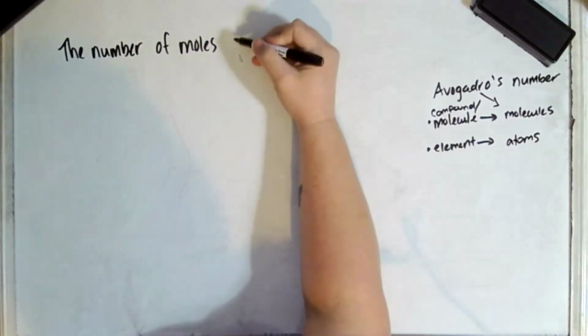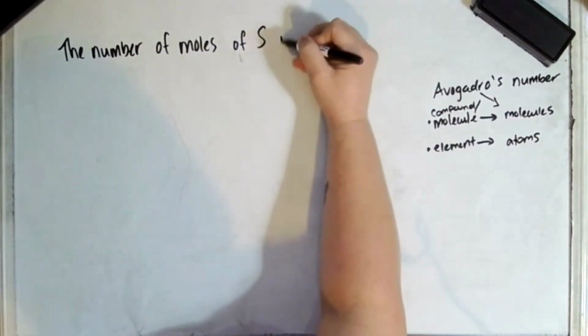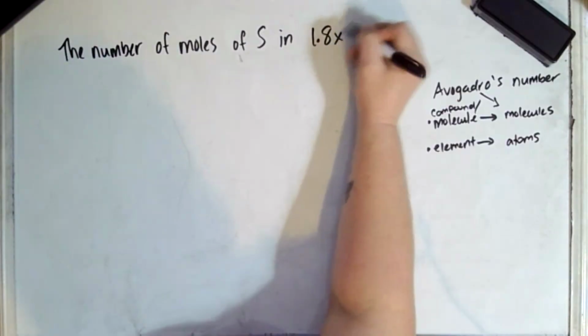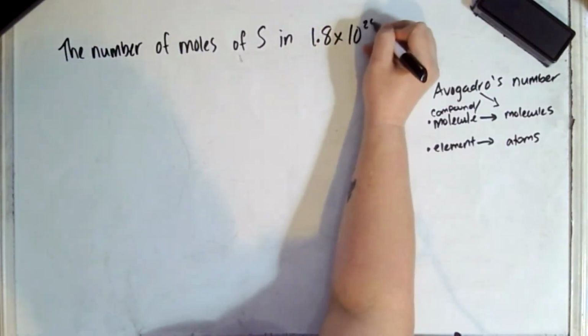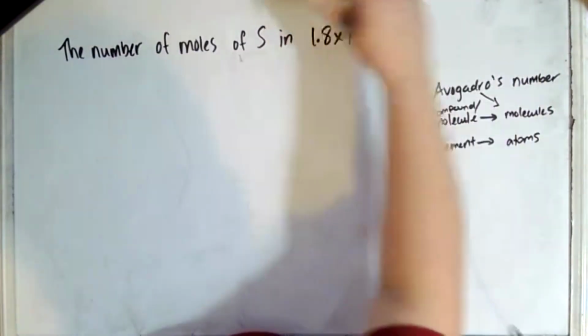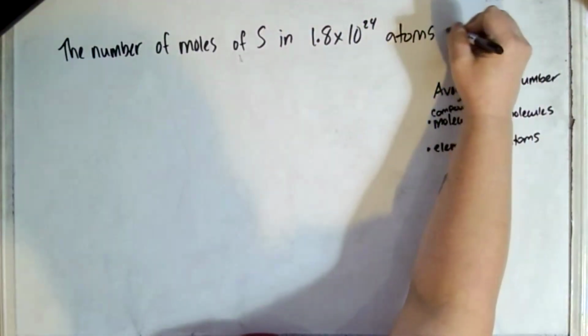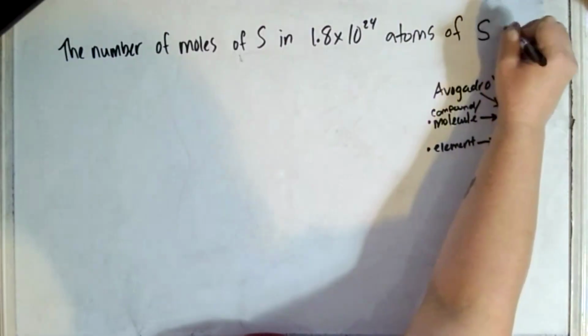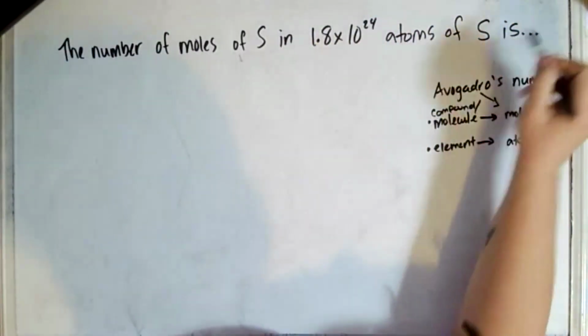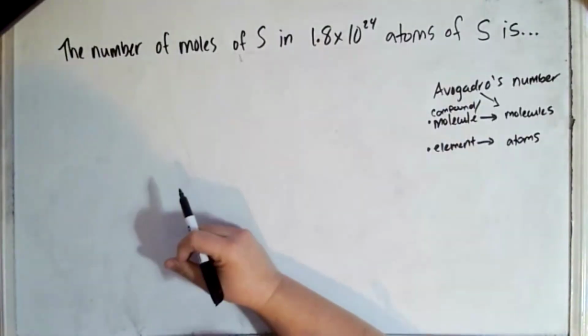The number of moles of sulfur in 1.8 times 10 to the 24 atoms of sulfur is, and then they have us solve it out.